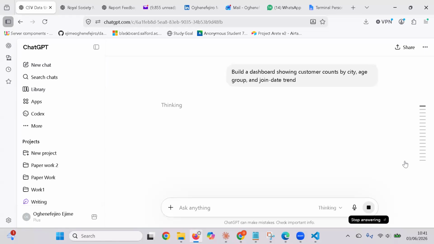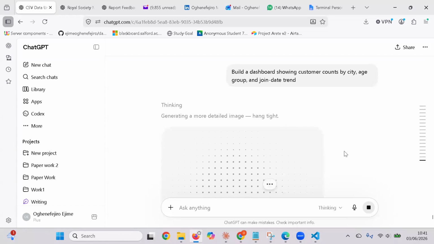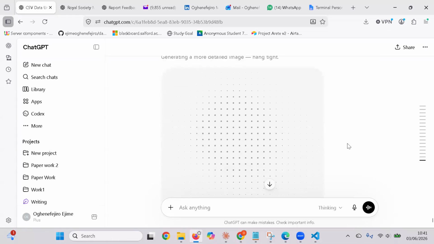Like I've been saying in the previous section, you can use this to always do your work and even understand data in general. You can use it to understand even data that you don't really understand. You can use it to learn data analysis, and to learn how to do so many things.